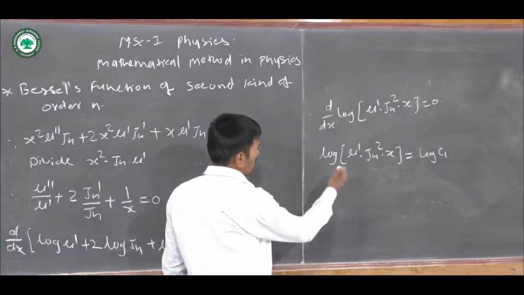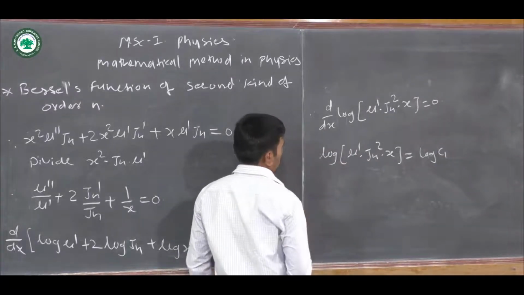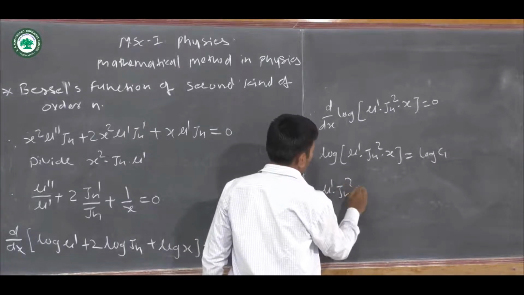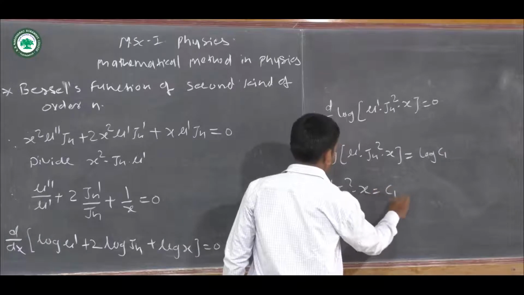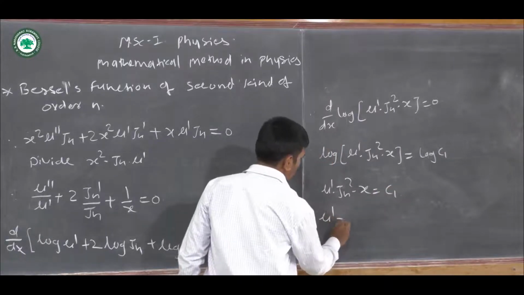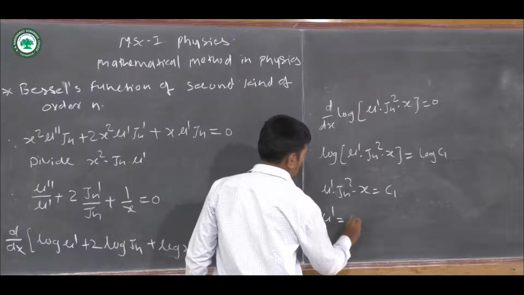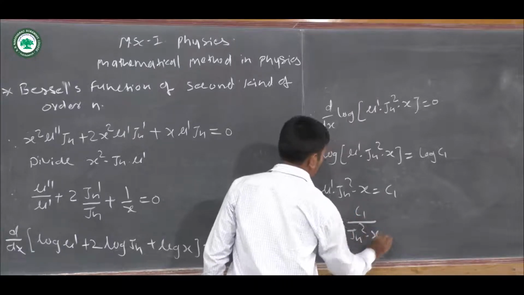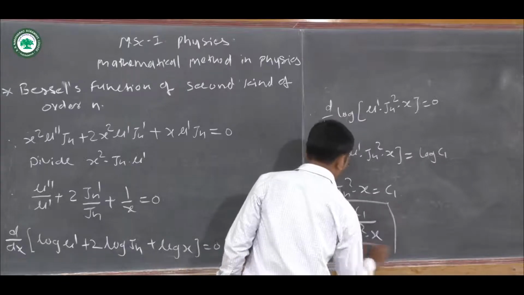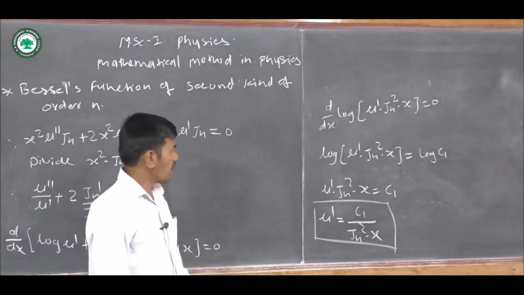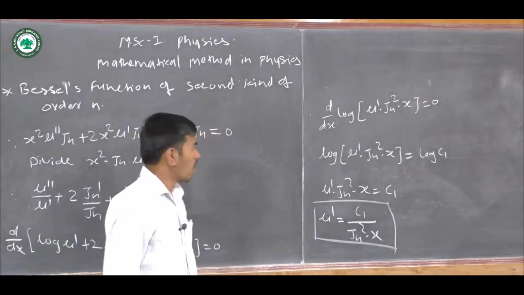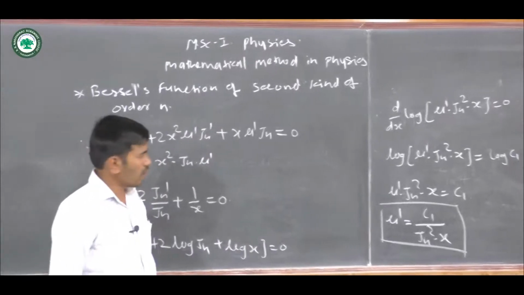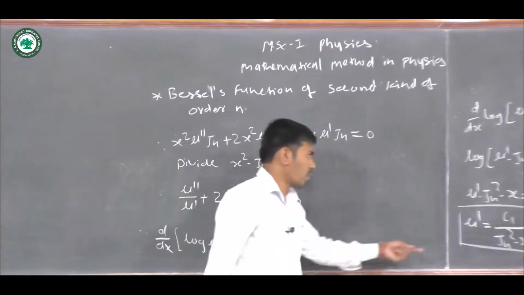The log will be cancelled, so it is u' J_n² x is equal to c1, and u' is equal to c1 divided by J_n² x. This is the expression for u'. But we assumed the solution y_n is equal to u J_n(x). So we want u here, not u'.